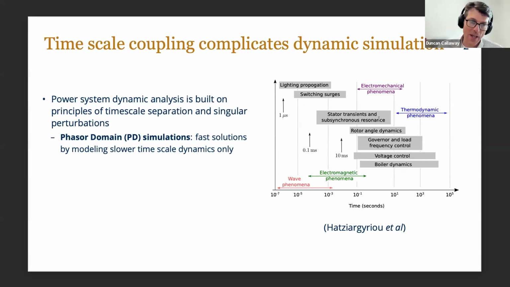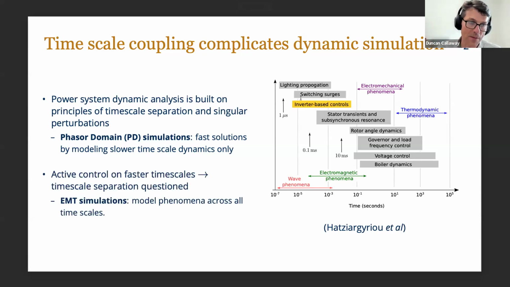But if one were thinking about very large scale area studies and interactions between different machines, that was generally considered to be enough to do a phasor domain simulation and ignore the faster timescale dynamics like stator transients, switching surges, and lightning propagations. For those types of things, EMT simulations are typically used for these faster timescale dynamics.